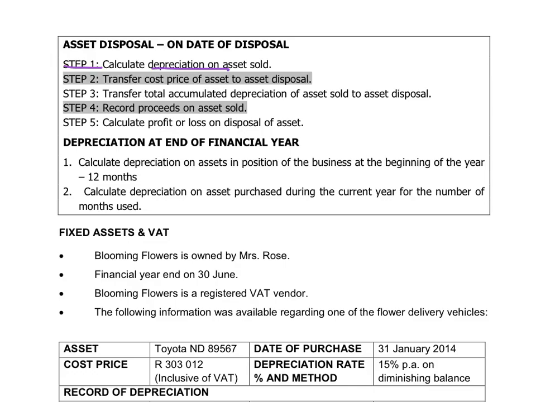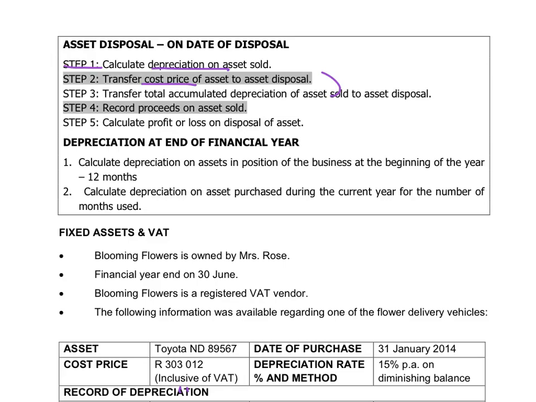Step number 2 is to transfer the cost price of the asset to asset disposal, because if we dispose of the asset, we can't keep the asset in our books anymore, so we have to reduce the amount in our vehicles account. The vehicles account and the accumulated depreciation account actually form a unit.